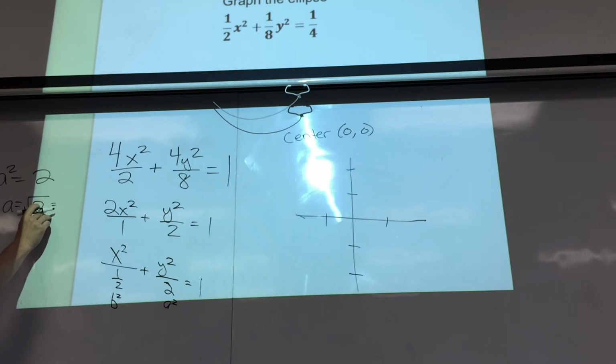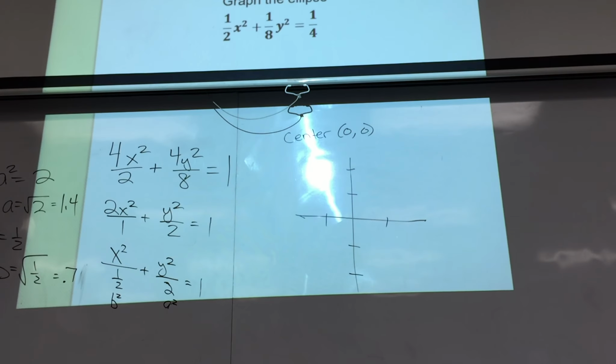So what's the square root of 2? 1.4. And then b squared is 1/2, so b should be the square root of 1/2, which is what? Square root of 0.5? 0.71? 0.7 is fine. We'll do that.